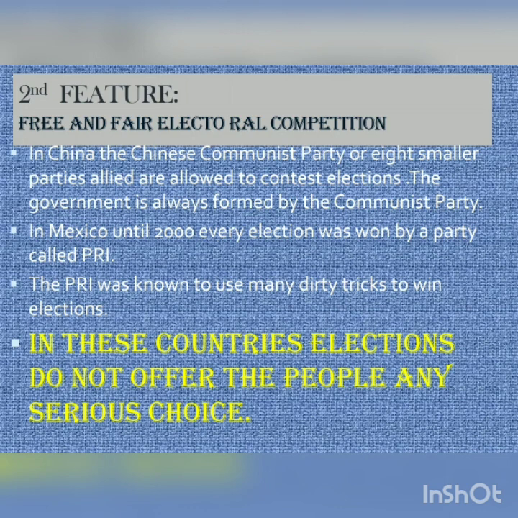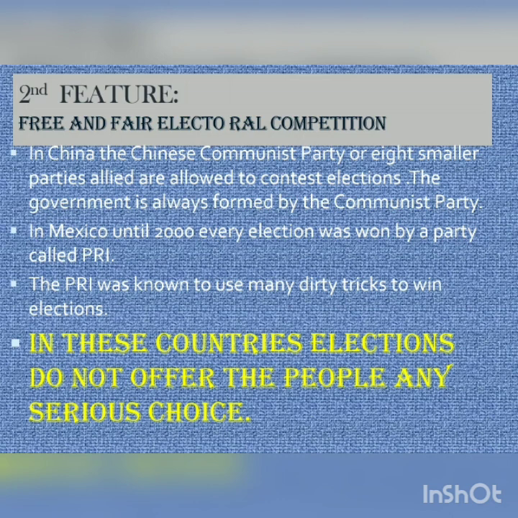In China, there are elections which are held regularly after every 5 years. But interestingly, every time the elections are won by members of the Chinese Communist Party or 8 small parties that are allied to it. Only these parties can contest elections.